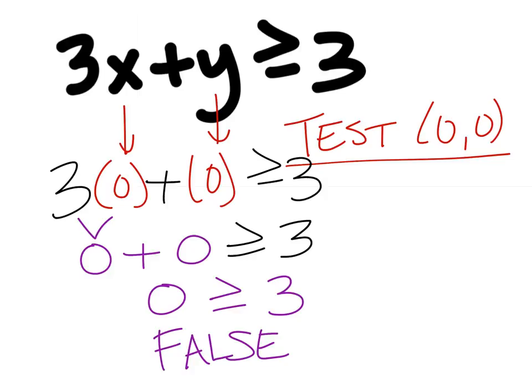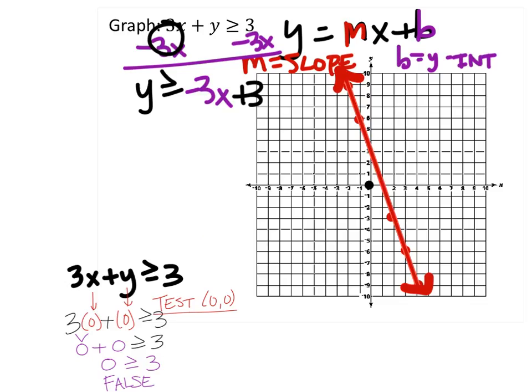So testing this point gave us a false statement, right? So now looking back at this graph, where 0, 0 is on this left side of the line, that means all of these points to the left of this line would give us also a false statement. And you could test any of those points if you want. You could test this point, maybe you want to test that point.